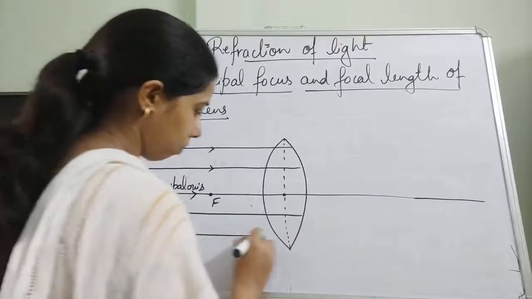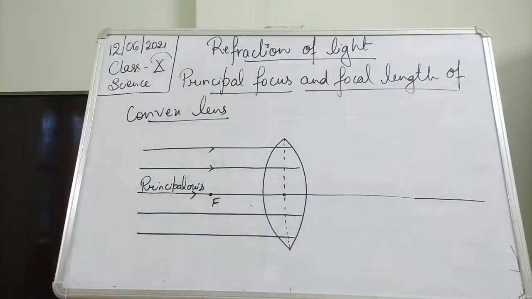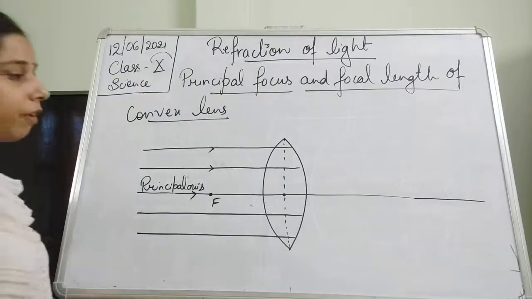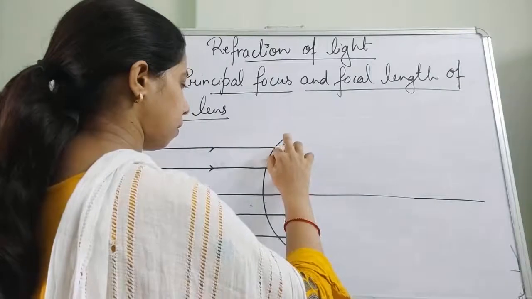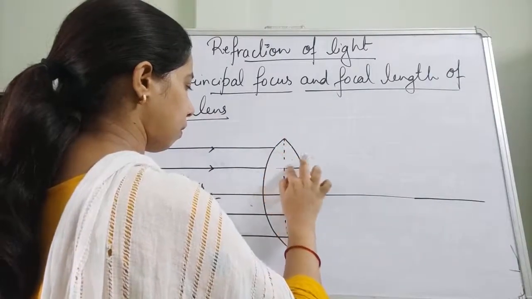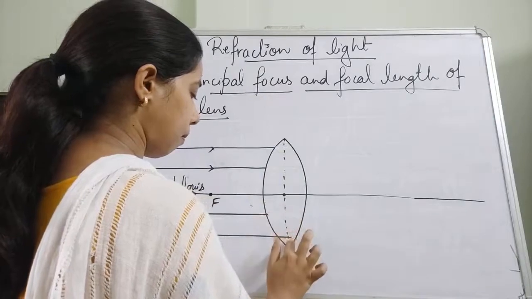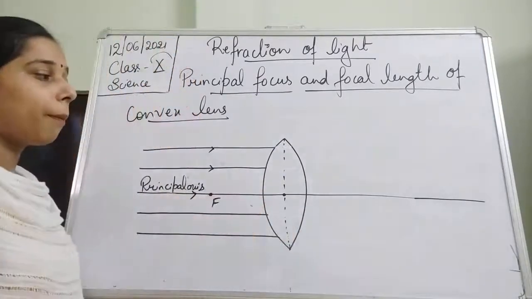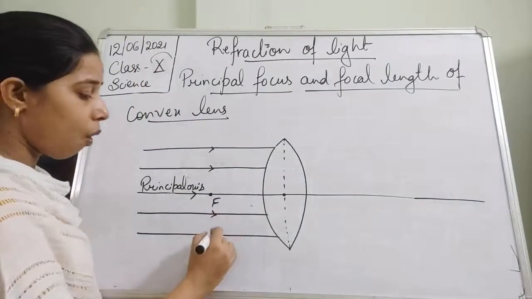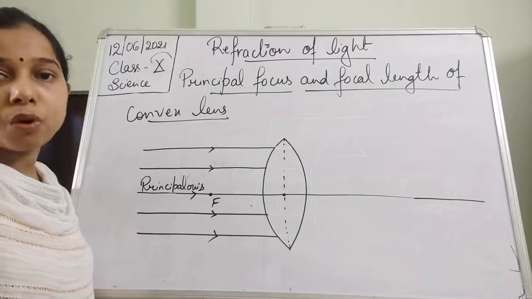These are some of the parallel beam of light falling on the surface of the lens. This lens is a convex lens.